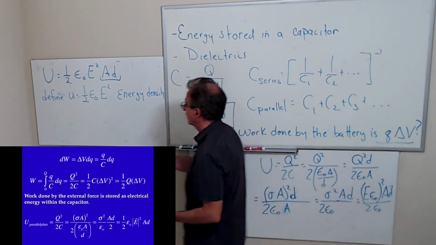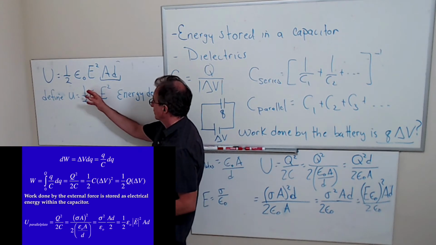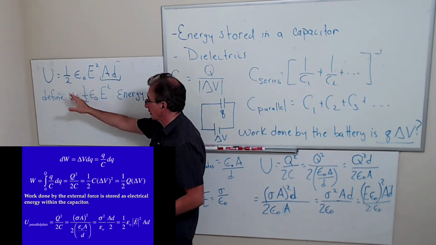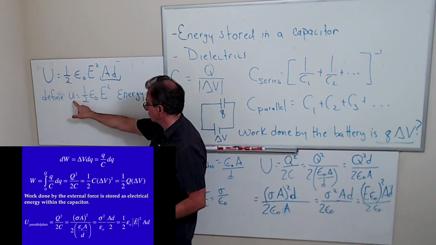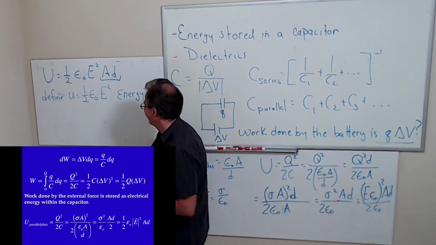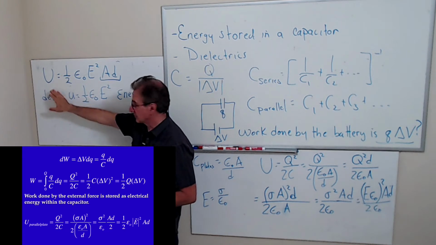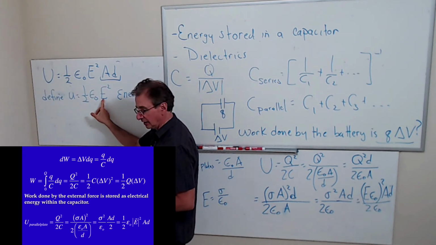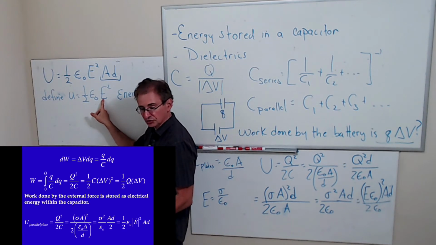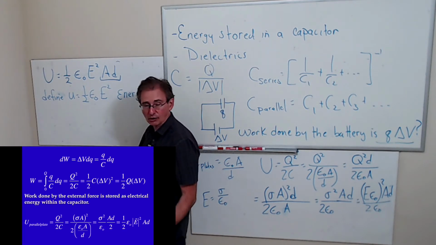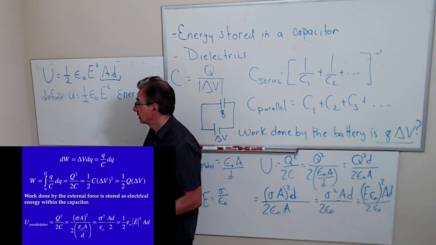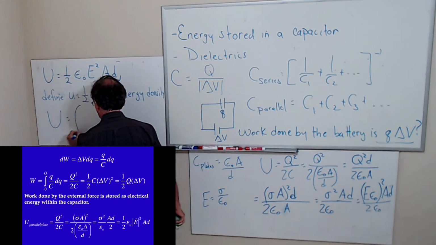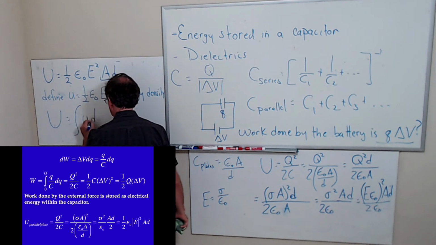Of course, the total energy, big U, is not just little u times volume, because E in most circumstances will vary throughout the volume. So one can write that big U is the integral of little u dV.